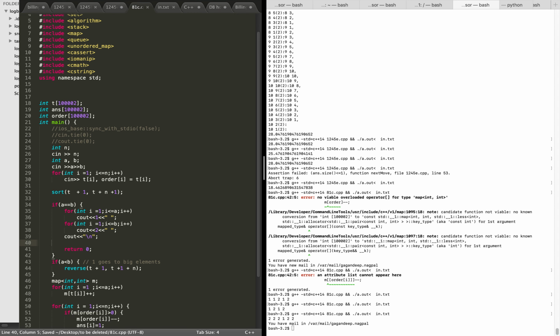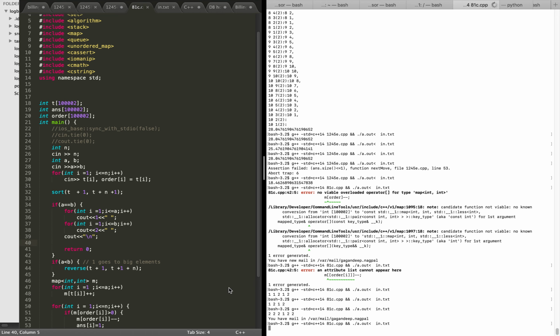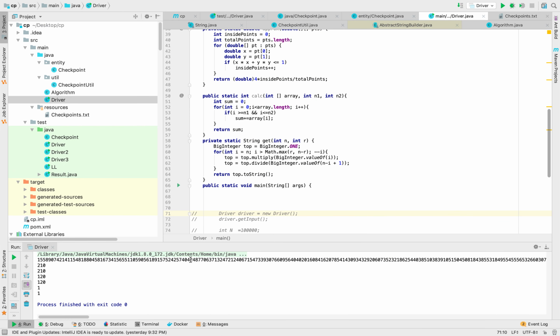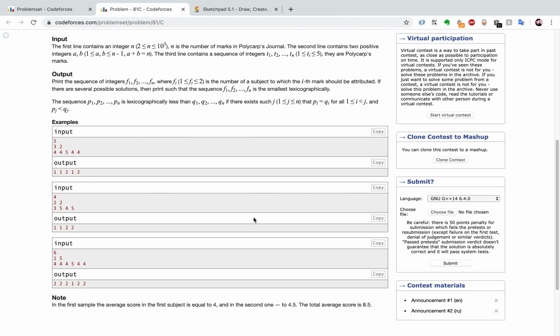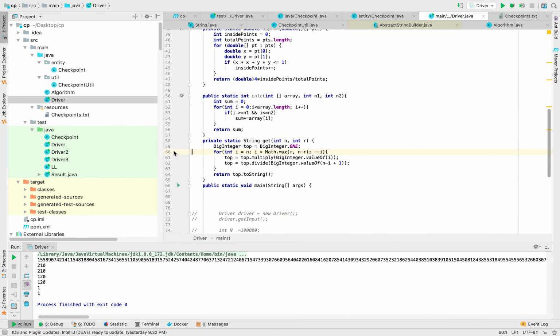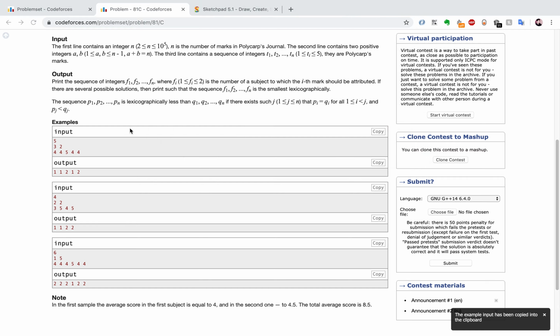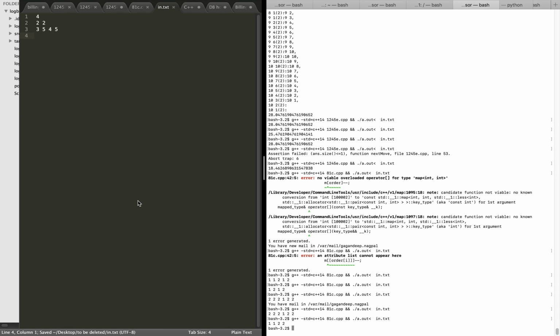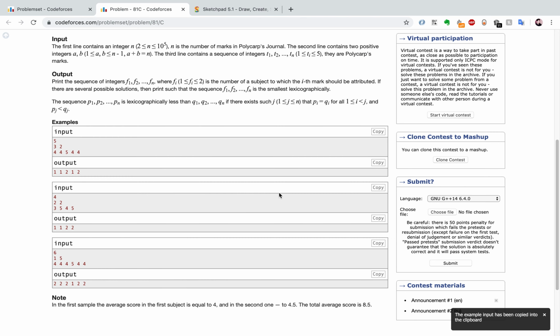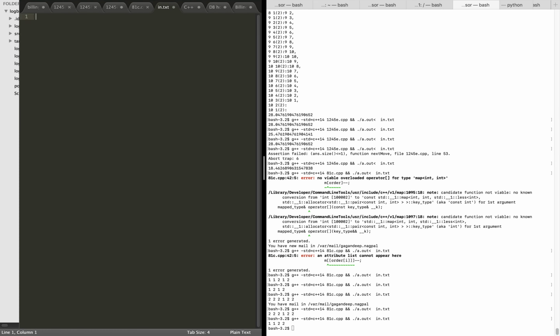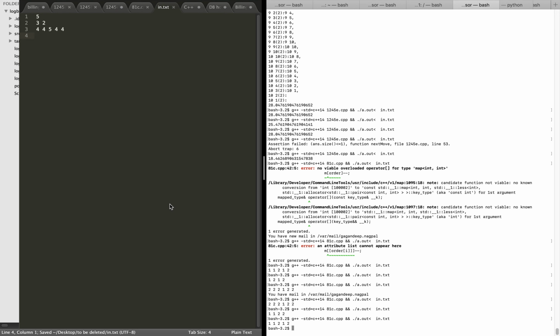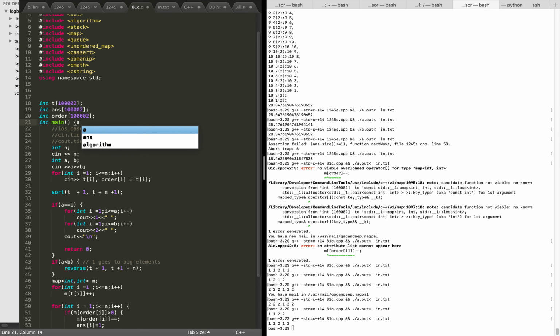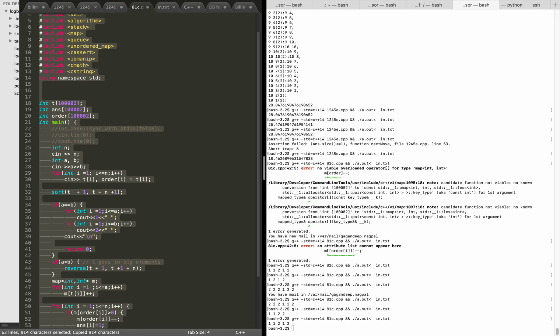This is my solution. This should work. I hope, I think this is correct. Everything looks good.